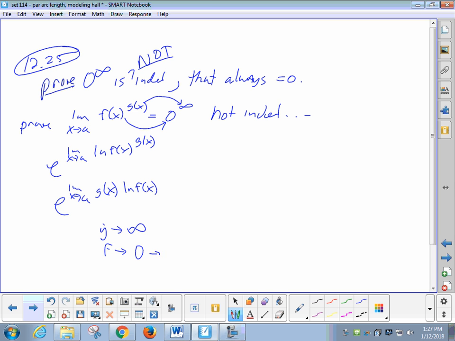What is natural log of f then, assuming this is from the positive side? What is natural log of f approaching? Negative infinity. Now if you put those two together, infinity times negative infinity, is that "I don't know"? That's negative infinity. Okay, so it's e to the negative infinity, which is most definitely always 0. Okay?